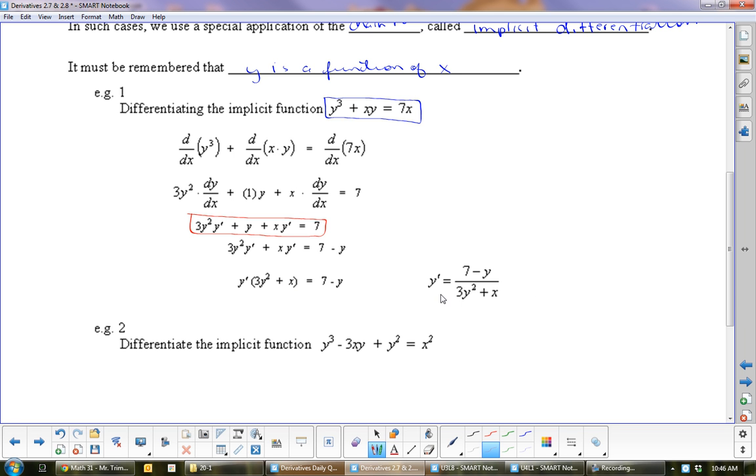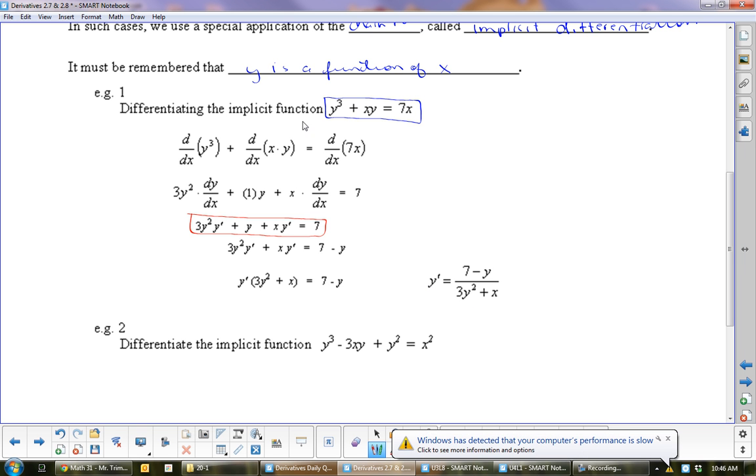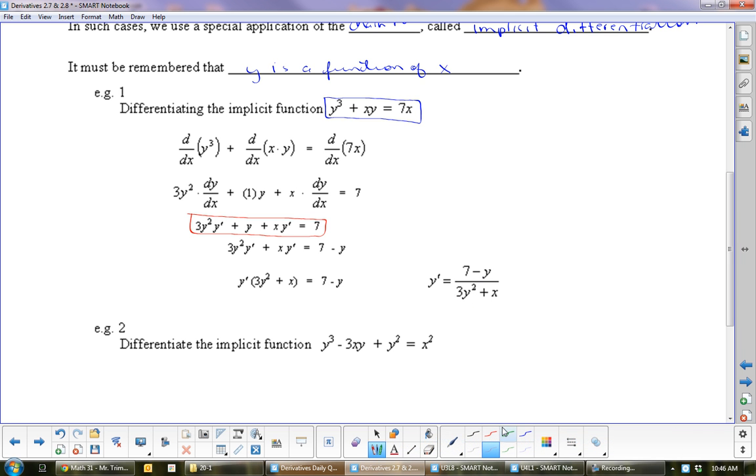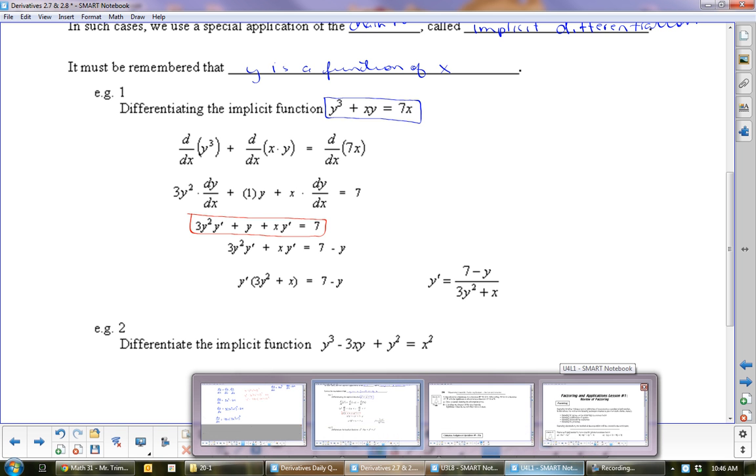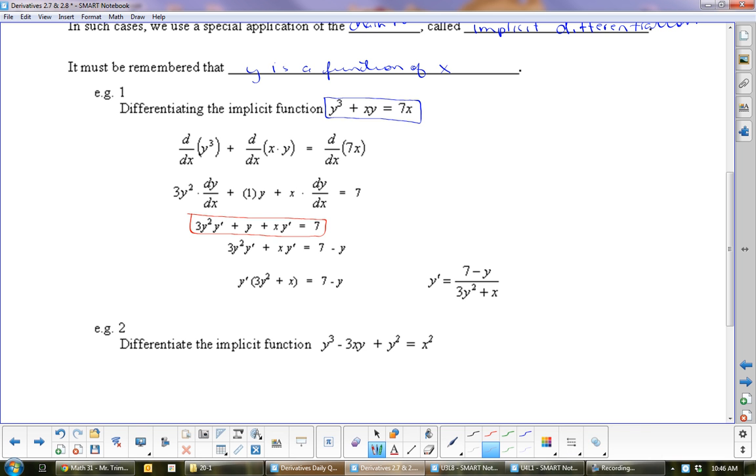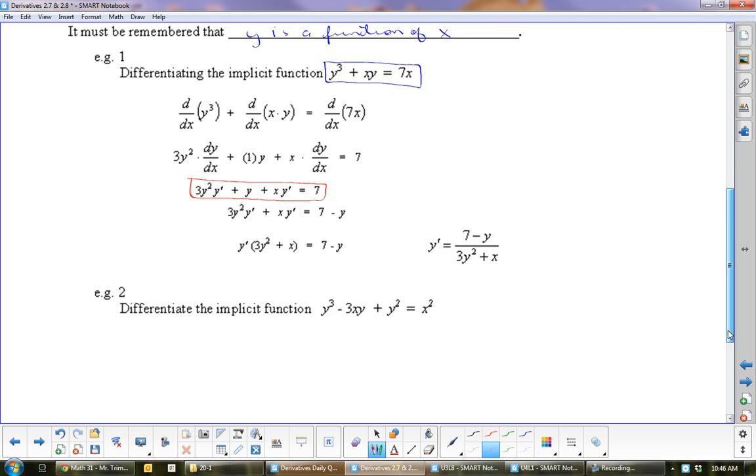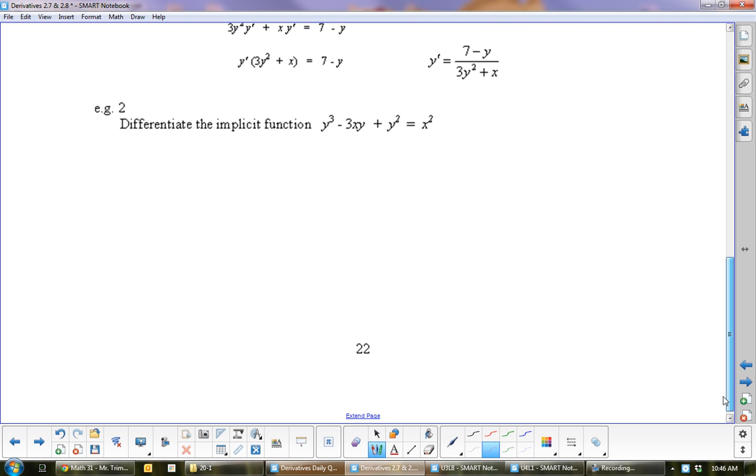So this would actually be the derivative of this function. Now, do you see how there's x and y's in here? That's going to change things too when we are solving for the derivative. We need the y, not just the x.